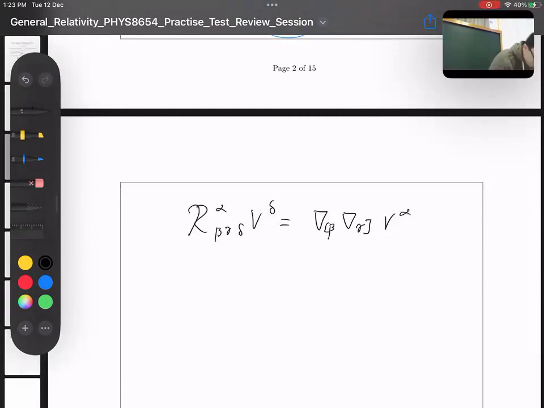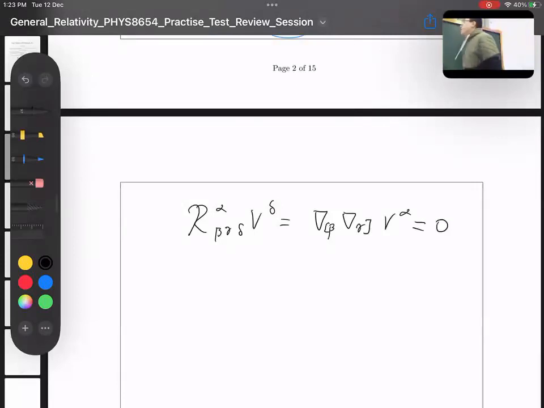V alpha. So we see this term, right? So my first question is, what happens when V is a constant vector? If V is a constant vector, this vanishes, right? This becomes 0. If this is 0, then what does that mean?